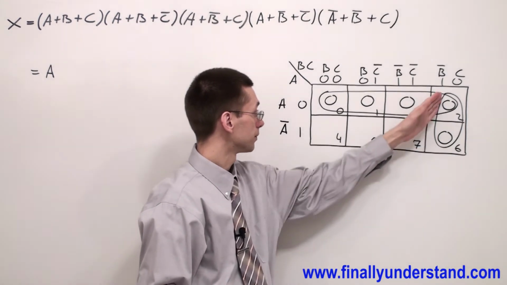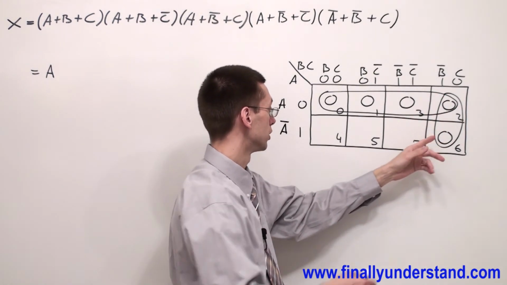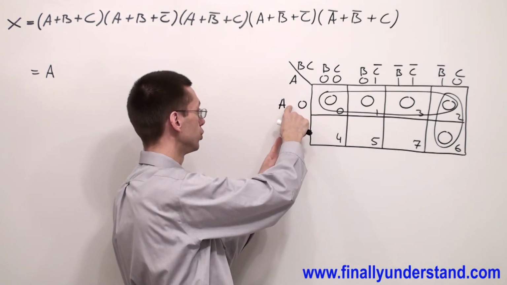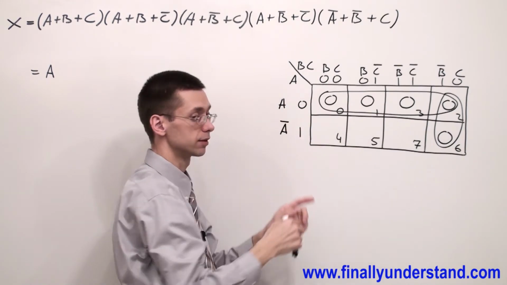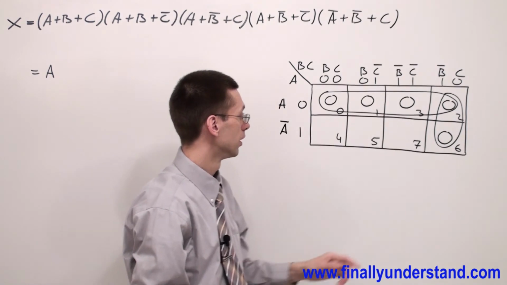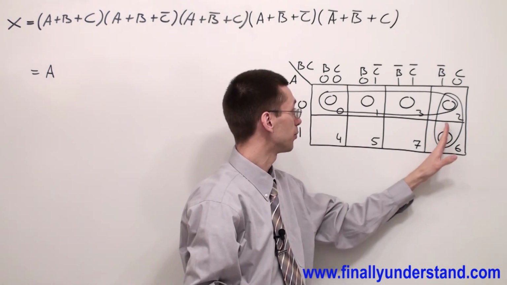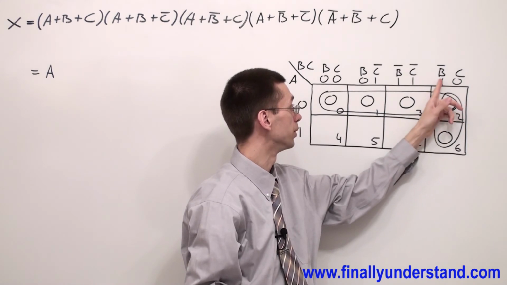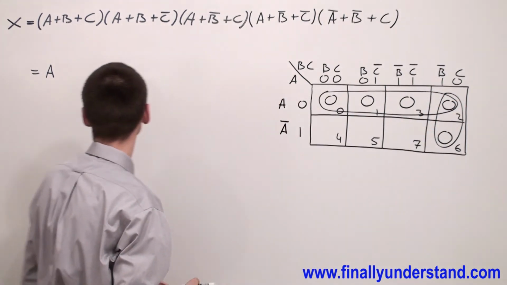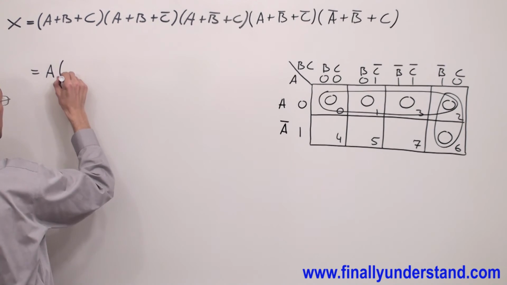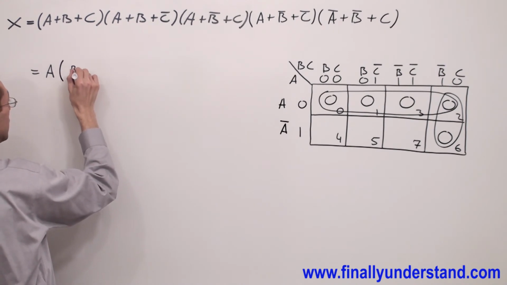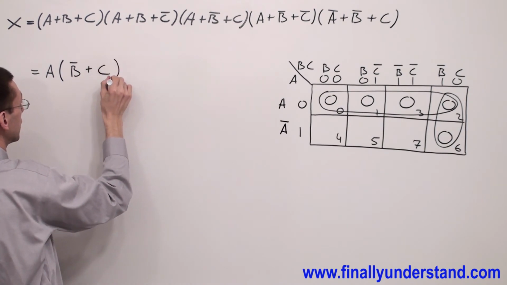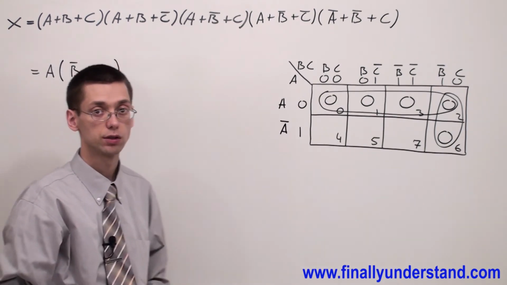Next, this group is placed in 2 rows, and at the side of these 2 rows I have complements. Again, we ignore complements. So I'm going to copy everything, whatever is at the top of this group. I have B naught, C. B naught or C. Remember, we are dealing with product of the sums.